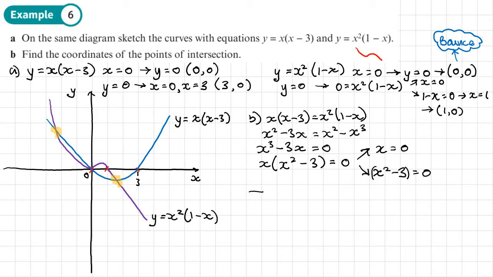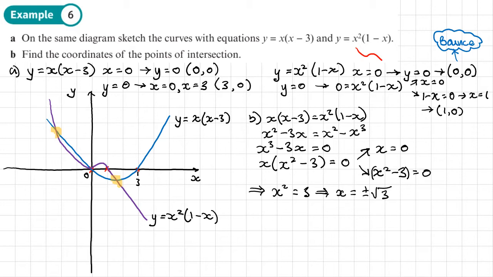So let's go and solve that. So that will be x squared equals 3. Then we need to remember that we have a positive and negative square root. So that means that x is going to be equal to plus or minus root 3.